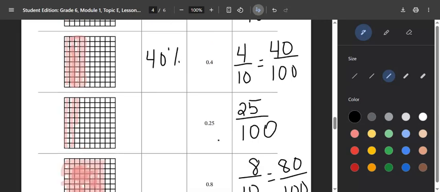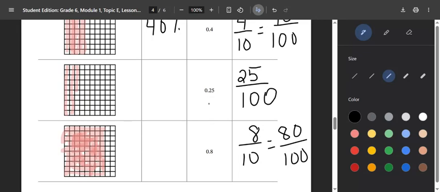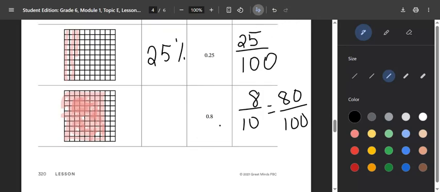Then the next one is 25 hundredths, which written as a fraction is 25 over 100. Written as a percent is 25%. And then this last one is 8 tenths. Written as a fraction is 8 out of 10, which is equivalent to 80 out of 100. So written as a percent is 80%.